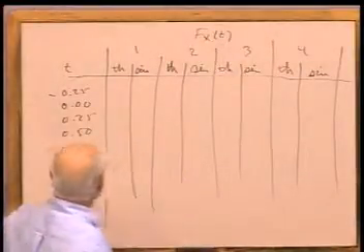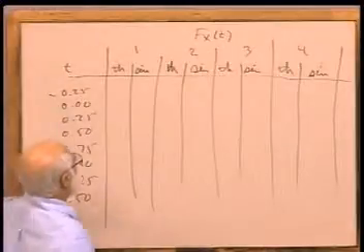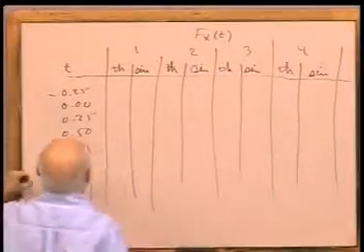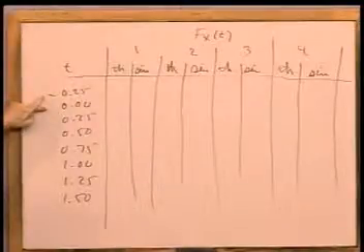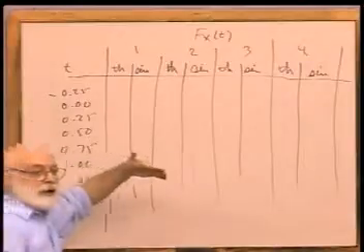So in a simulation, for each case, you want to calculate capital F evaluated at each of these values. So that means you have to add some instructions to the simulation.